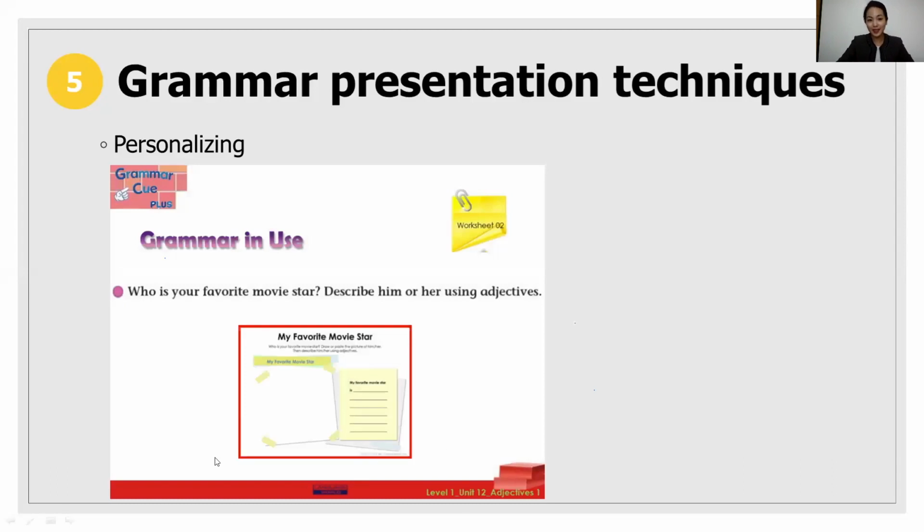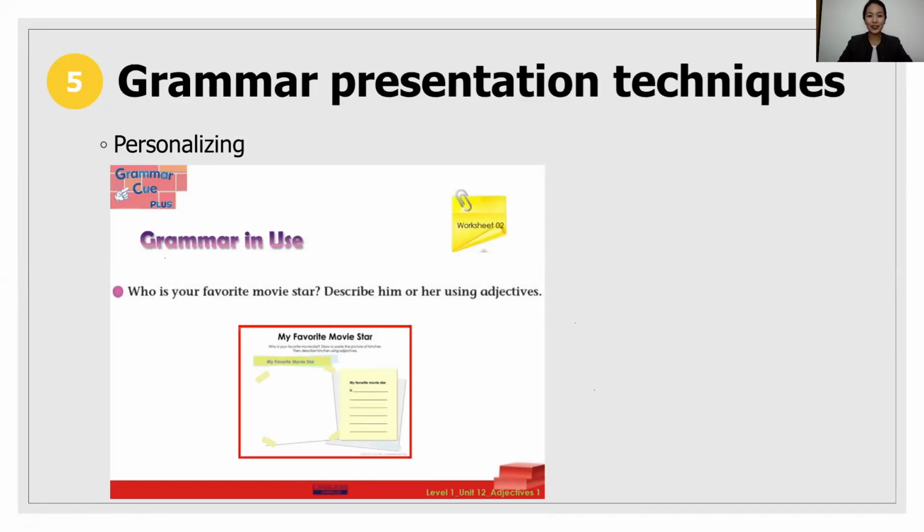Like this. This is an example from the Grammar Cue teaching resources. You can get these teaching resources from Inghua. Am I correct? Yes. So this is: who is your favorite movie star? They are very interested in it.